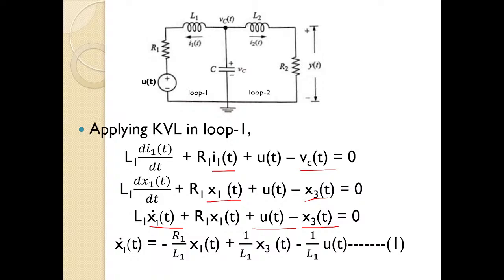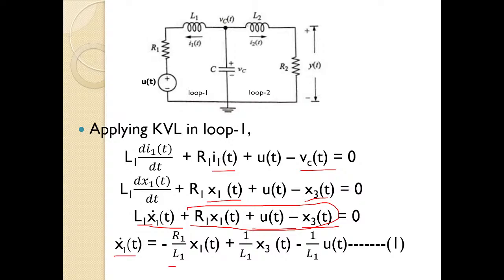So what is x1 dot of t? Send all these terms to the right side and divide by L1. X1 dot of t is equal to minus R1 by L1 x1 of t plus 1 by L1 x3 of t minus 1 by L1 u of t.